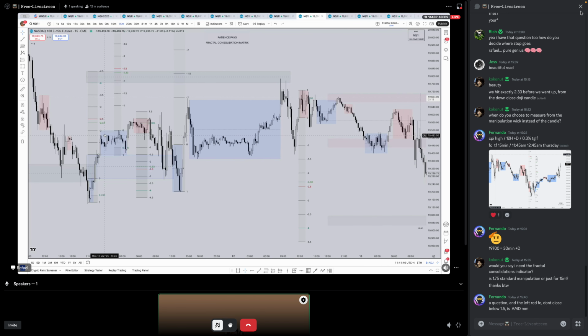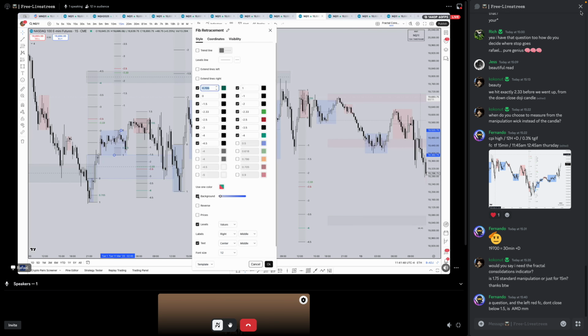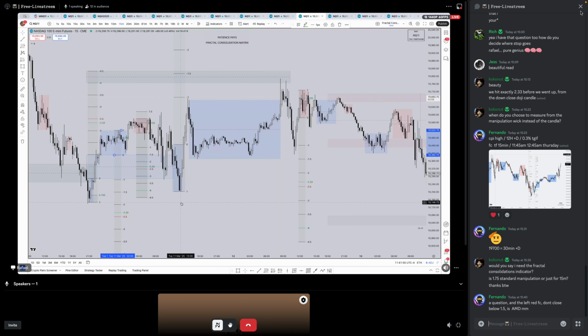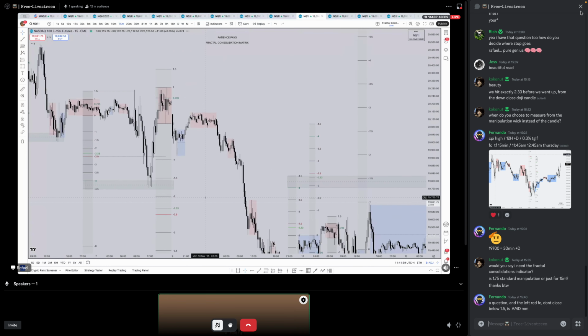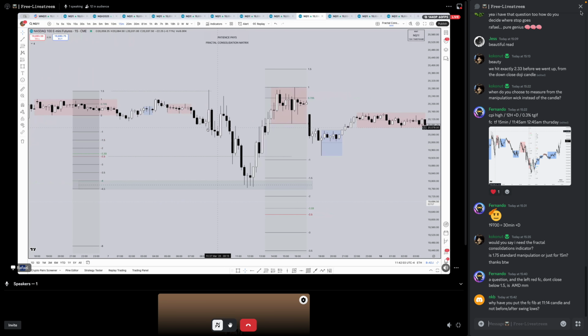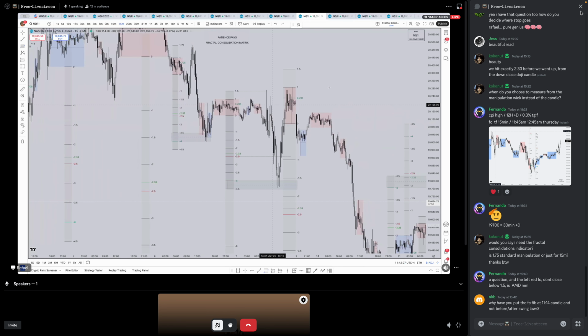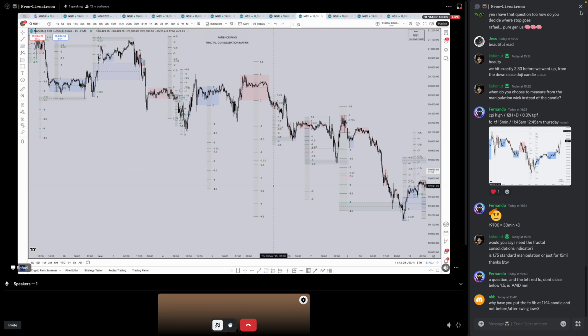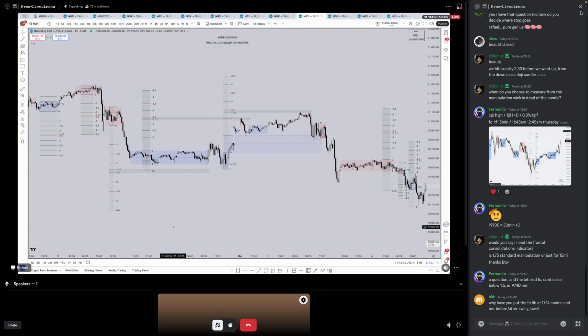This is a bullish fractal consolidation. If I reverse levels and, no, this day, no, sorry, it was another day that I saw something like this. I guess it's this one.